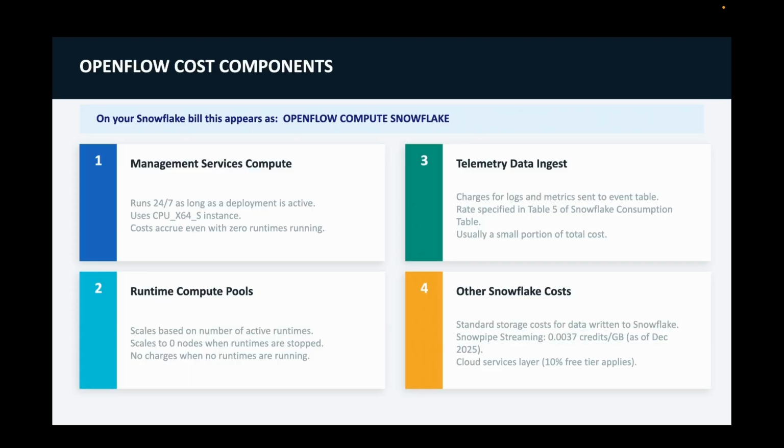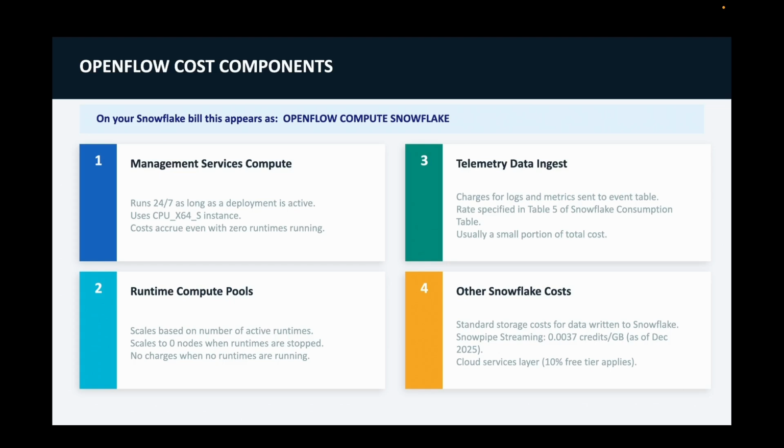Let us see the cost components. What are the different components involved as part of the Openflow offering from Snowflake? The first one is management services compute. When you have an Openflow up and running, a management service should always continue to be up and running.